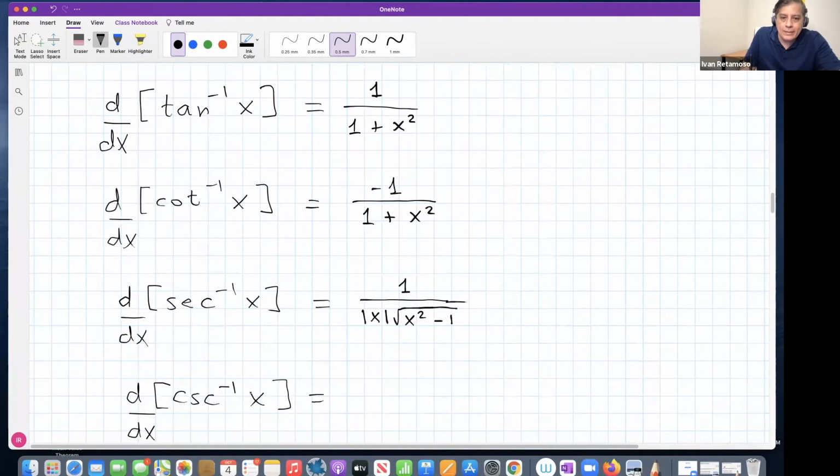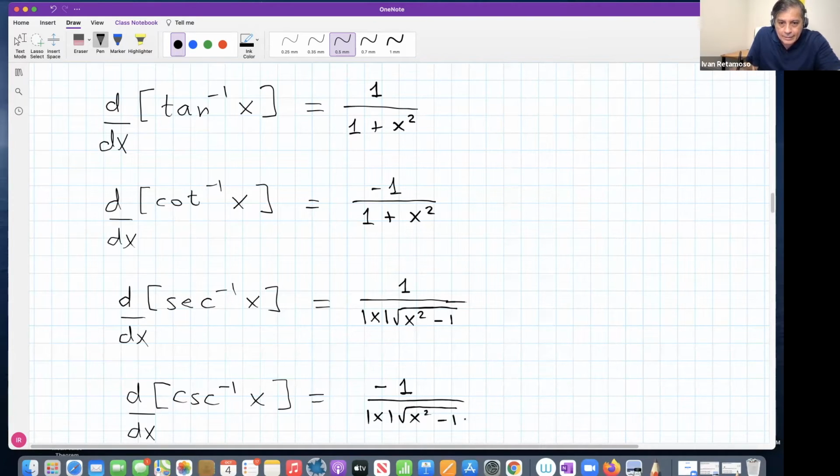Derivative of cosecant inverse, the same as this. The only thing that changes is the numerator, where you attach a negative sign. Negative 1 over the square root of x squared minus 1 times the absolute value of x.